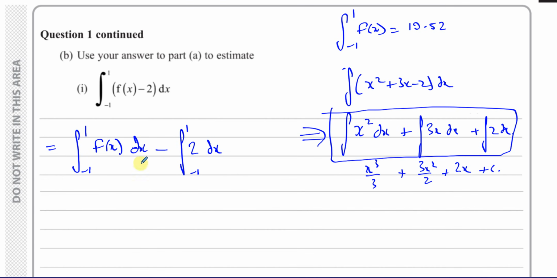And we already have the answer to part A, 10.52. That's how we're using the answer to part A. And this is something we know how to integrate. 2 becomes 2x. We have our limits between minus 1 and 1. And so we have 10.52 minus, and we have 2 times 1 minus 2 times minus 1.